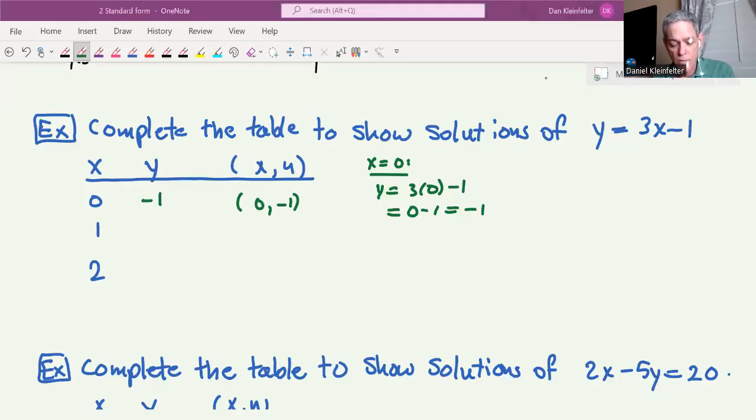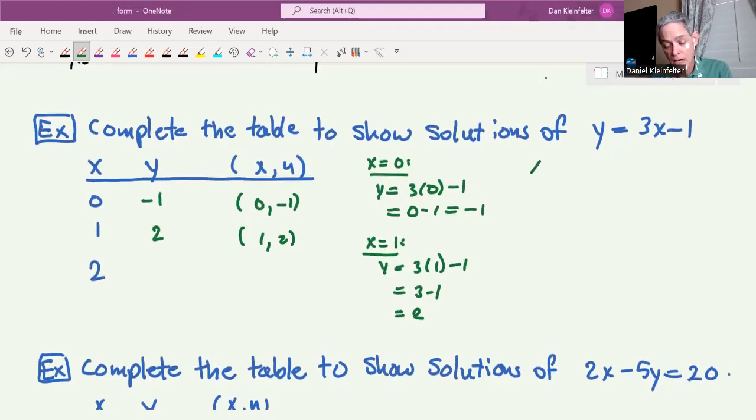Okay, so next, when x is equal to 1, y will equal 3 times 1 minus 1. That's 3 minus 1, or 2. Here our y value will be 2, so we'll have the pair 1, 2.